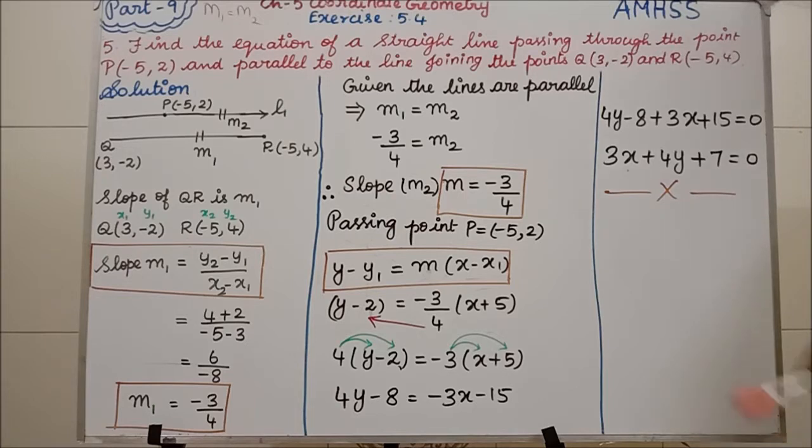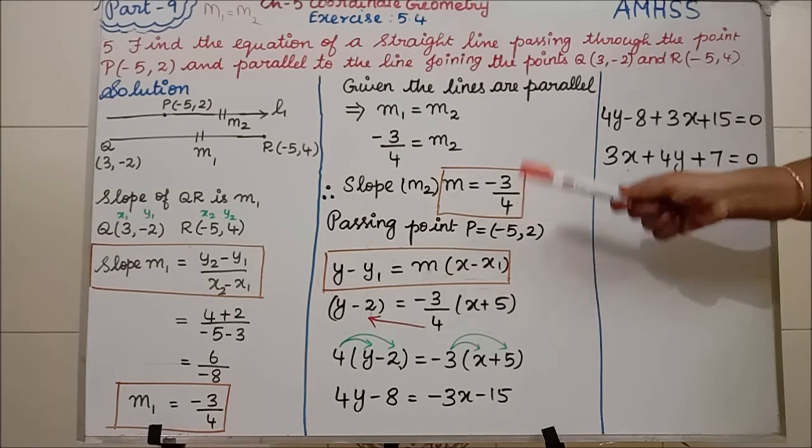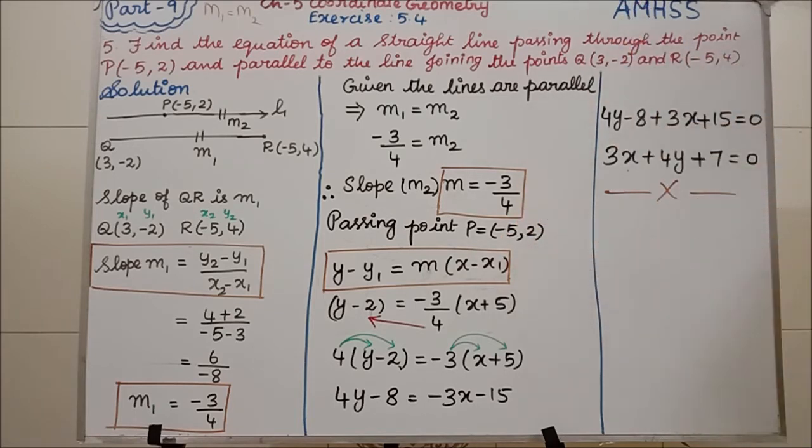These are all very simple. If you revise the formulas 2 to 3 times, where we are applying them, this chapter is very easy. If you are not touching the notebook, it will be very difficult for you.